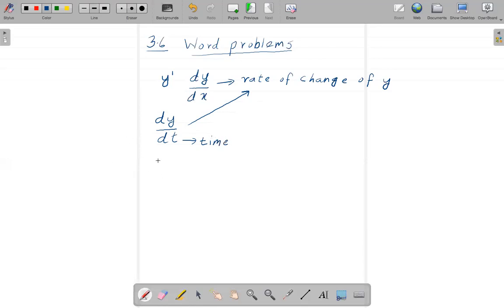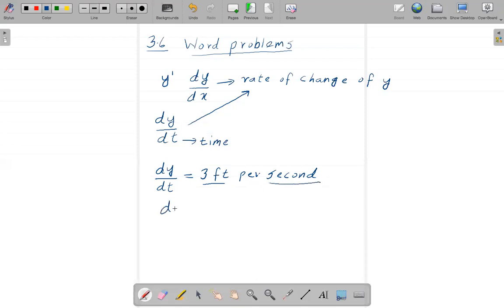So let's say dy over dt is equal to 3 feet per second. That means y is changing 3 feet in every 1 second, right?